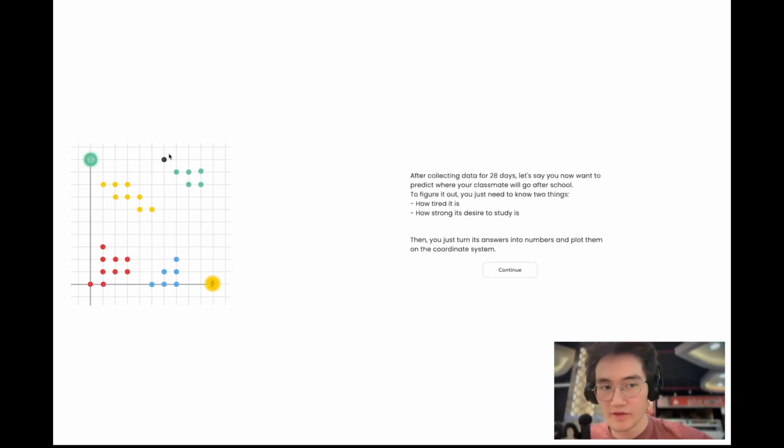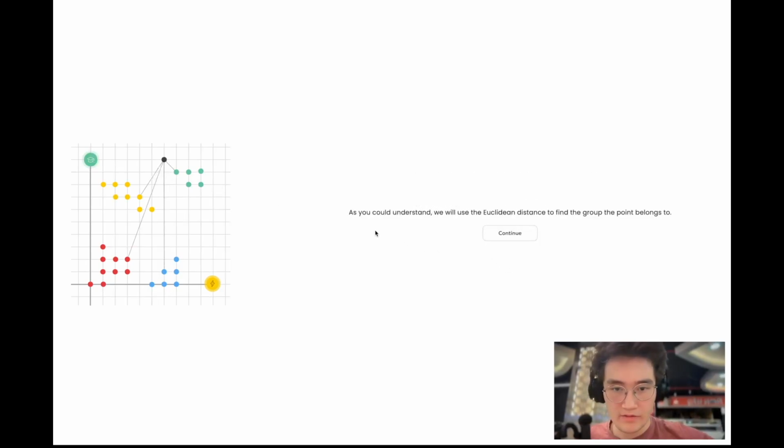And so we have here one dot appeared. As you could understand, we'll use Euclidean distance to find the group the point belongs to. It's most likely to be this green group. So in this case, the point falls into the library group, so that's where the classmate will go.